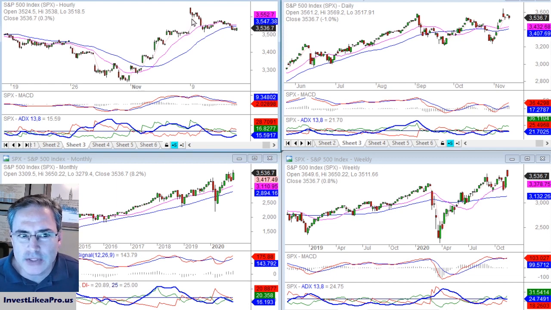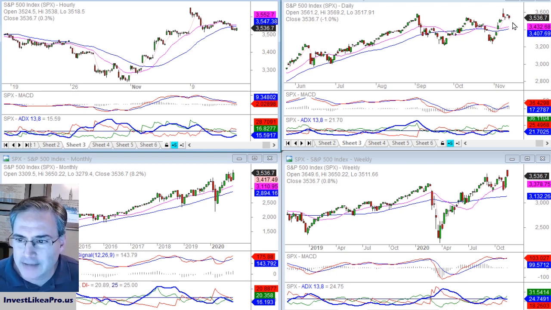What's taken place on the hourly is we're getting really close to the 18 crossing down below the 40 with low ADX, meaning there's not a lot of strength in the ADX to the downside, and the MACD line is coming down towards 0. So this is setting up the same pattern that we look for, where if the 18 crosses down below the 40, we have the opposing trend developed, and then we'd look for a cross of both moving averages to the upside.